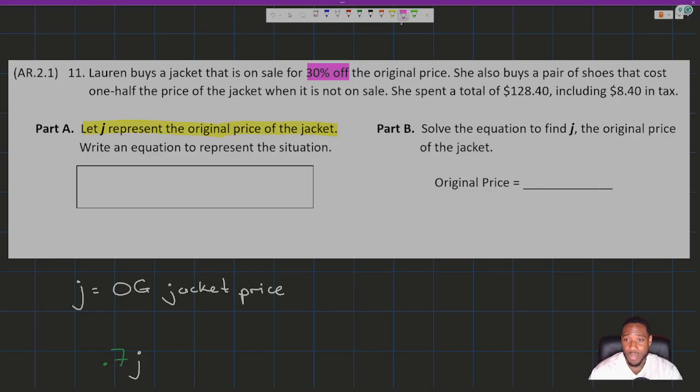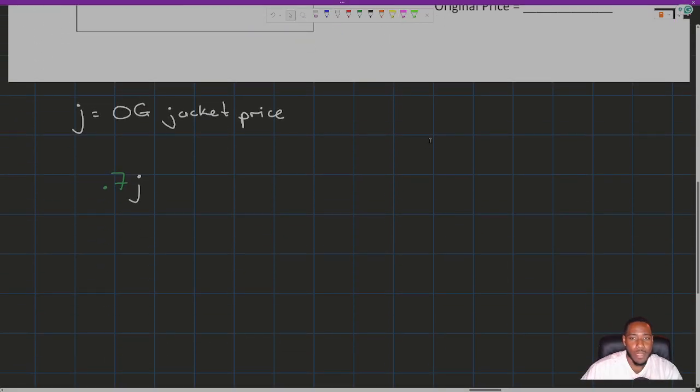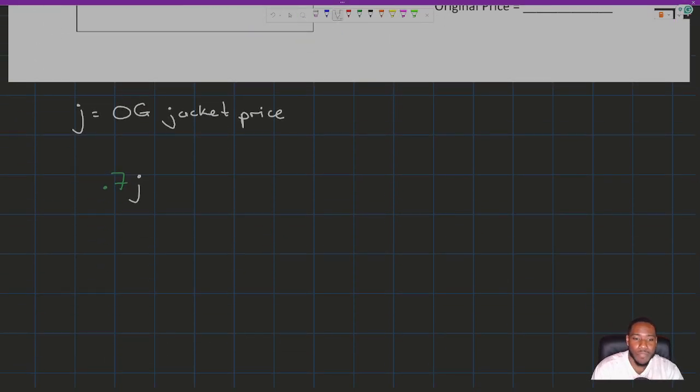So we're going to do the same thing we did before. That costs... Okay? So I know that if I'm taking 100% and I'm dividing it by 2, half, that gets me 50%.